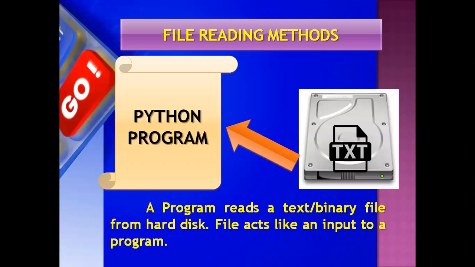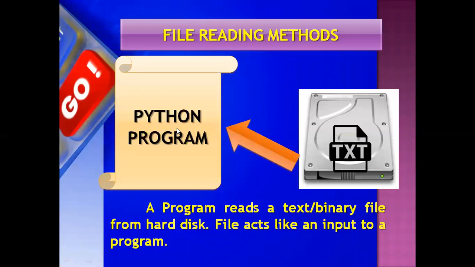So here, file reading methods. Once you have created a data file, in which mode can you read it? We'll learn about the different modes. See here, file reading means this is a Python program and this is a text file.